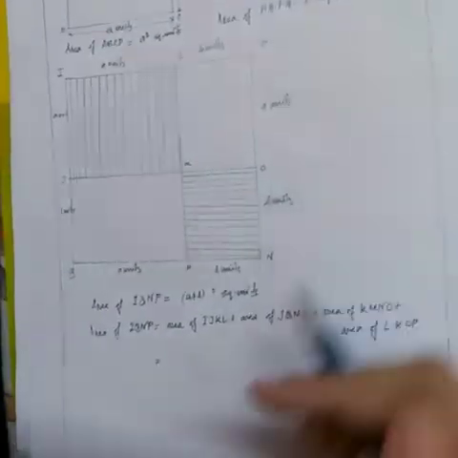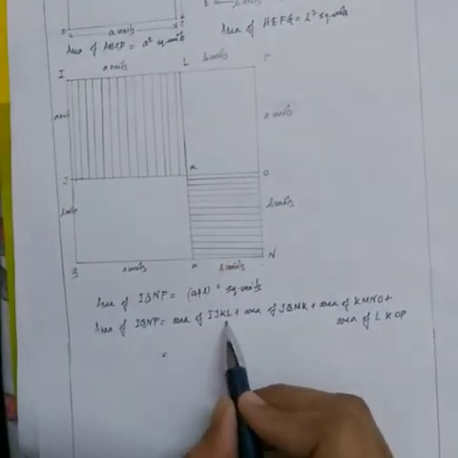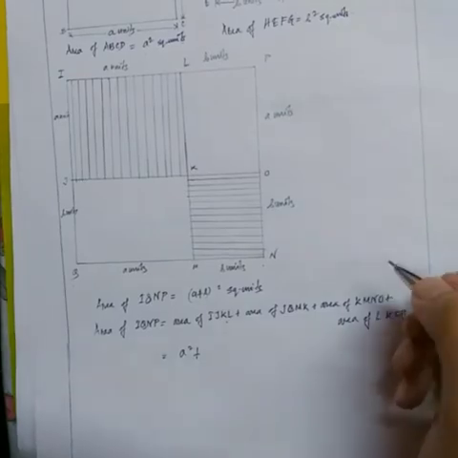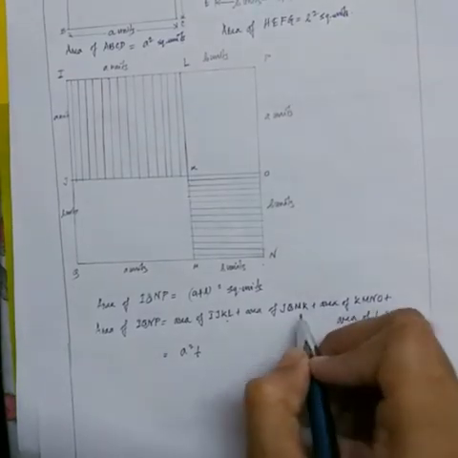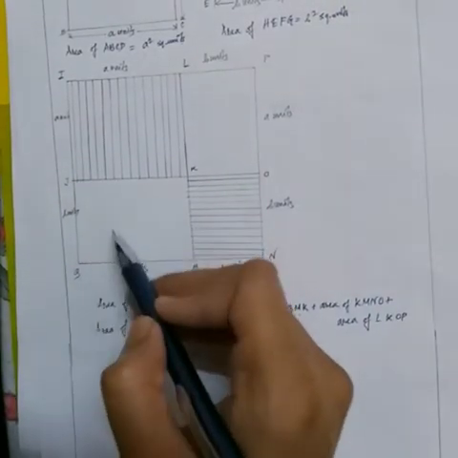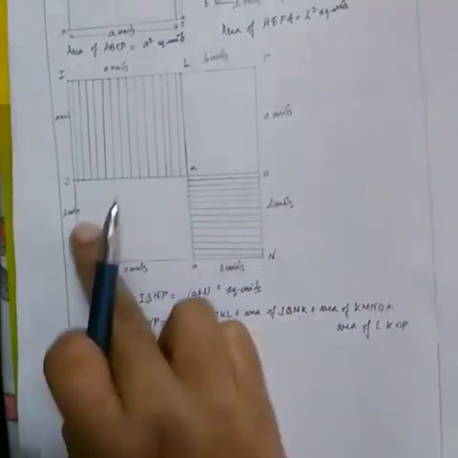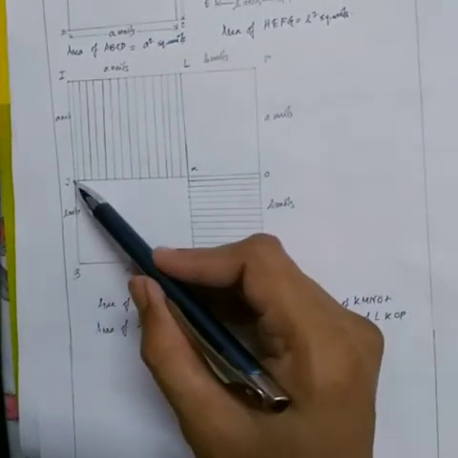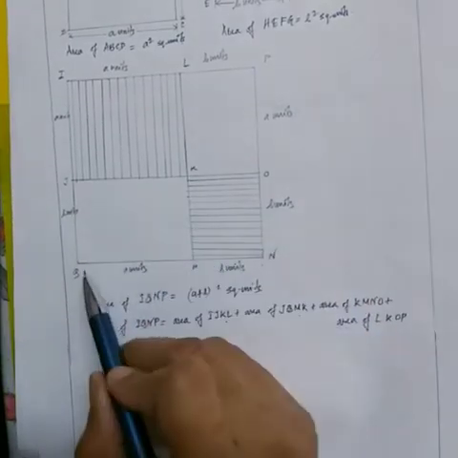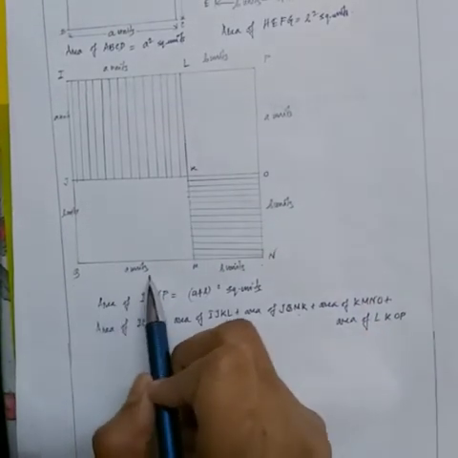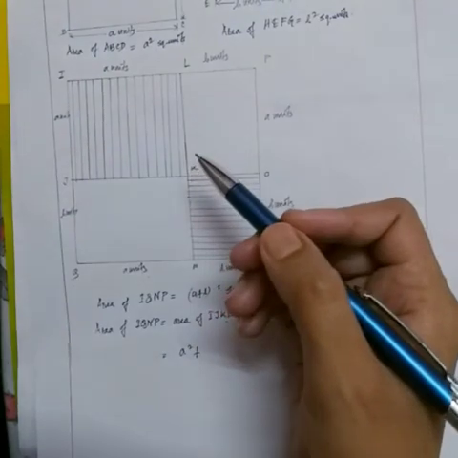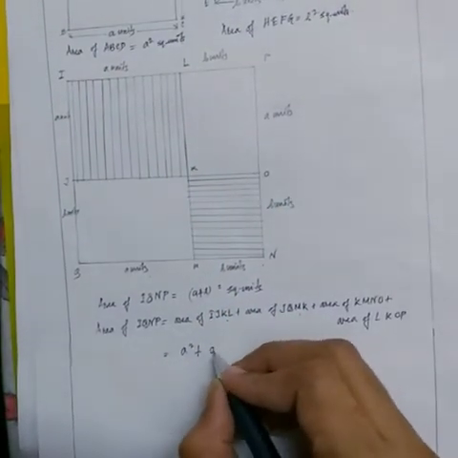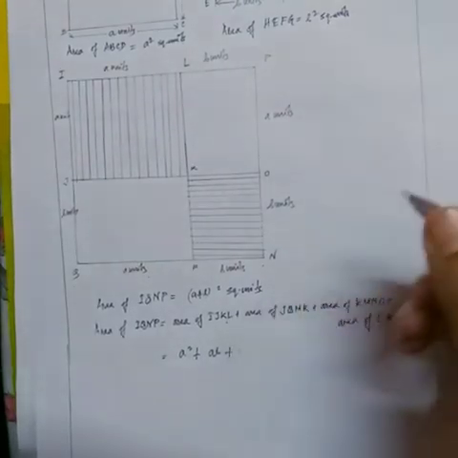So the area of the square IJKL will be a square, plus the area of JQMK, this part. What will be the area of this part? You can see that JQ measures b units and QM measures a units, right? So as per the formula length times breadth, the area of this part will be a into b. I hope this is clear.